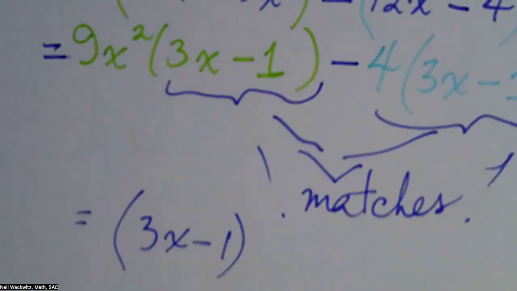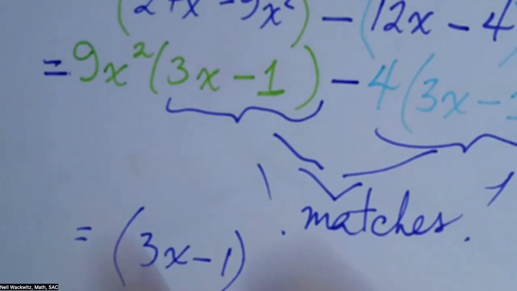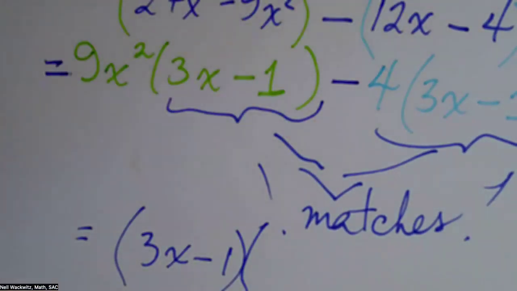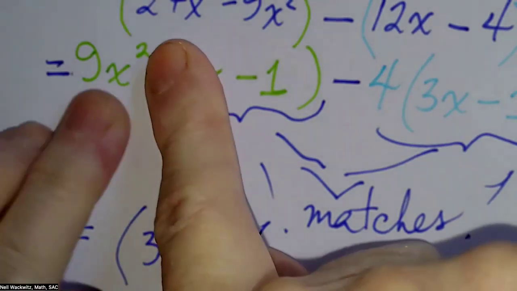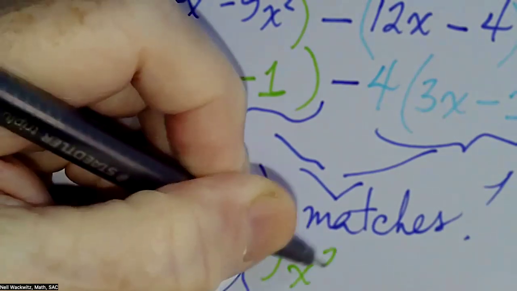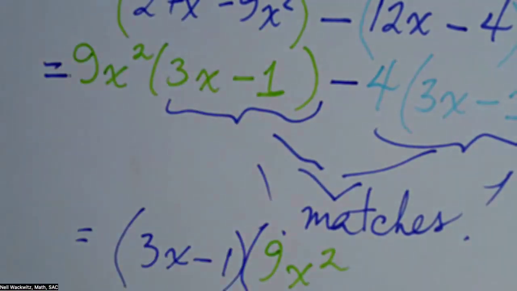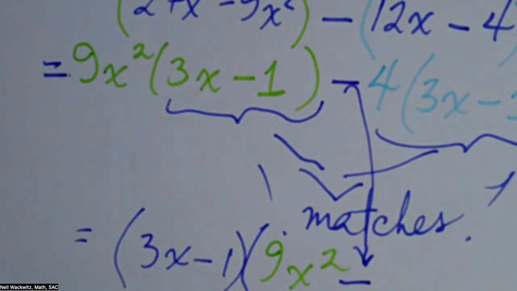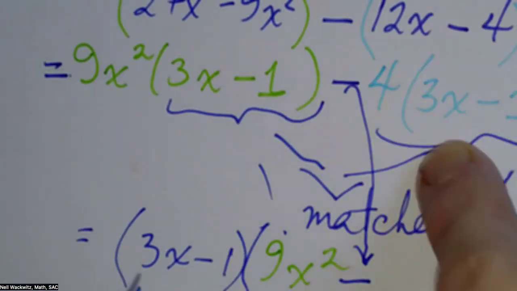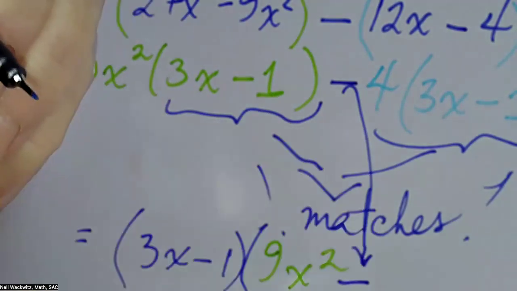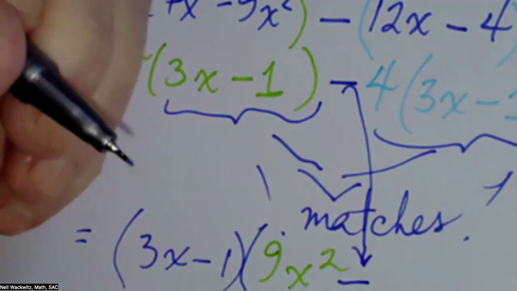And what is left from this entire first term? 9x squared. Well, 9x squared from the first term. But you're right, overall the minus sign is there. And from the second term, what's left? 4. Good.